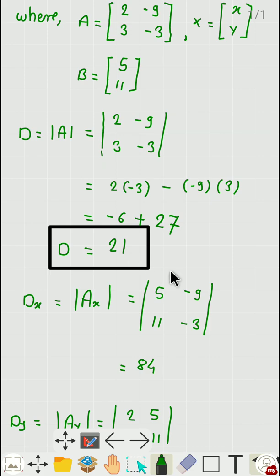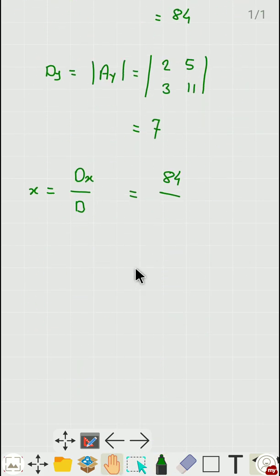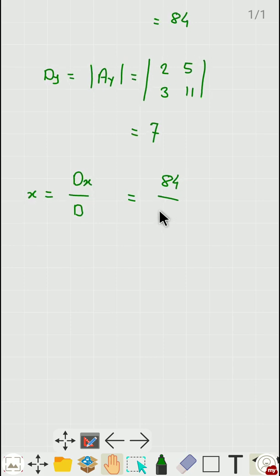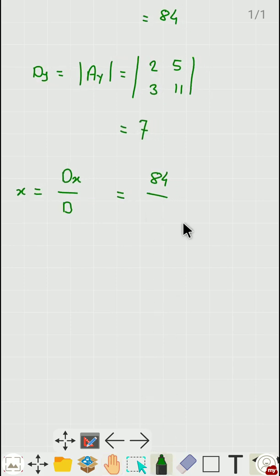Okay, so D is 21. Now this will be, I think, 4. So the value of x is 4. X is equal to 4.